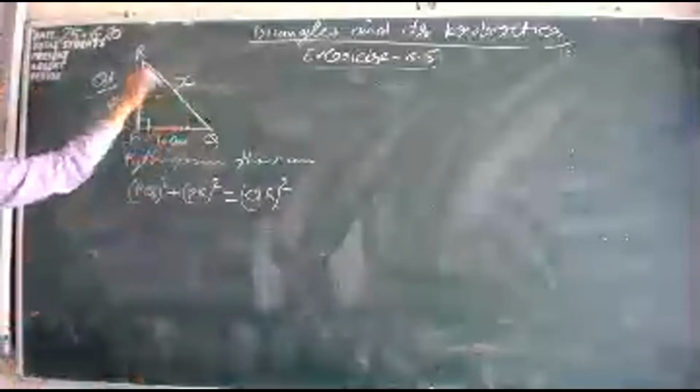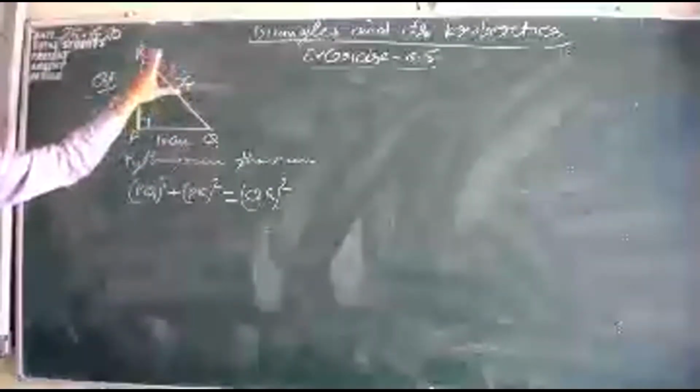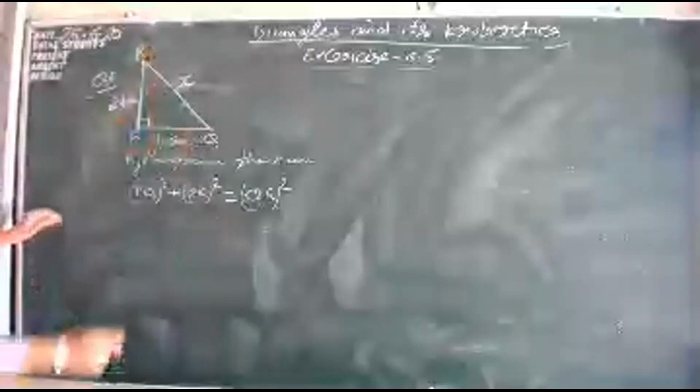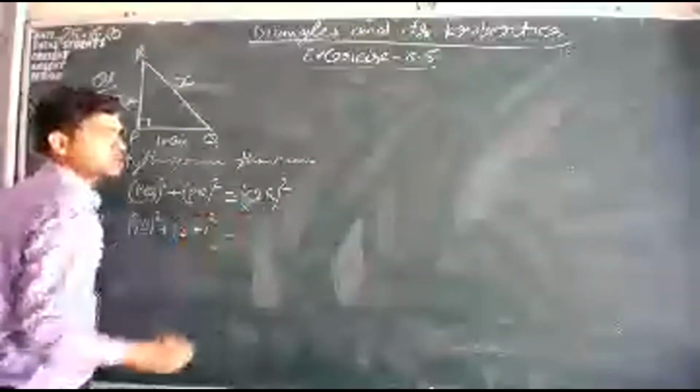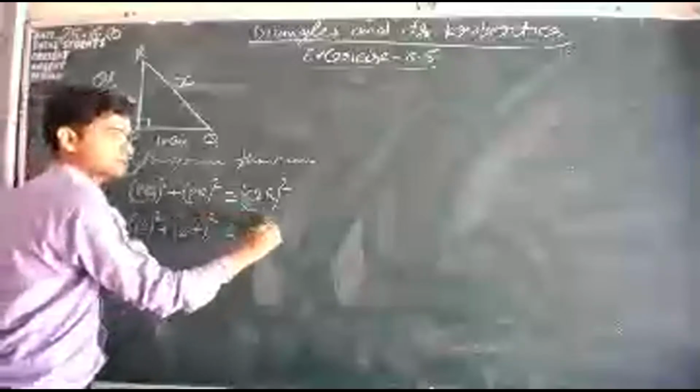Let the measure of QR be x. हमने ये मान लिया कि इसका मेजर क्या है, x। ओके, तो PQ square is equal to 10 square, PR square is equal to 24 square, and QR is equal to x square.